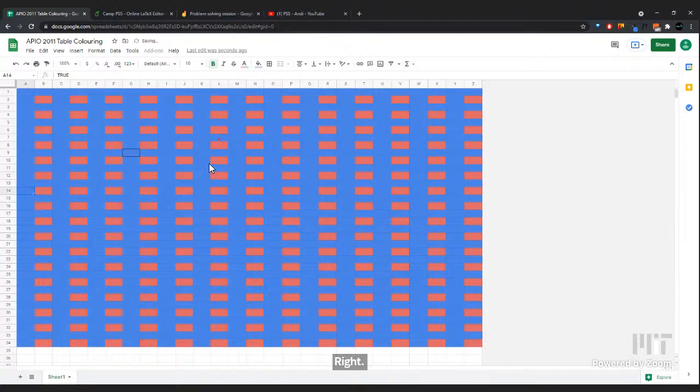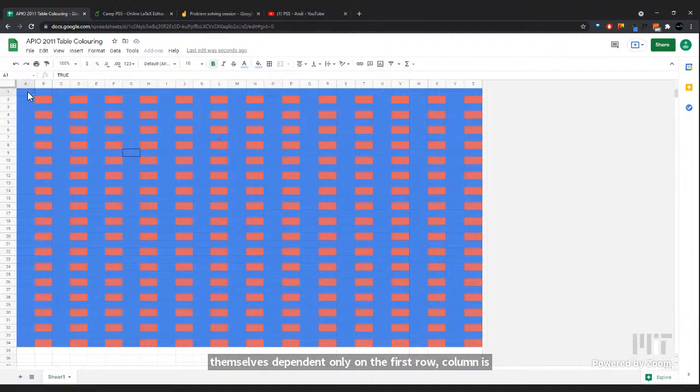Okay, got it. So essentially you're proving that all the cells' colors are dependent only on the first row and first column cells. Is that it? Yes, exactly.